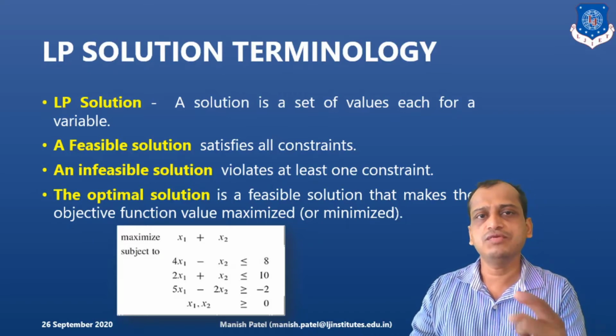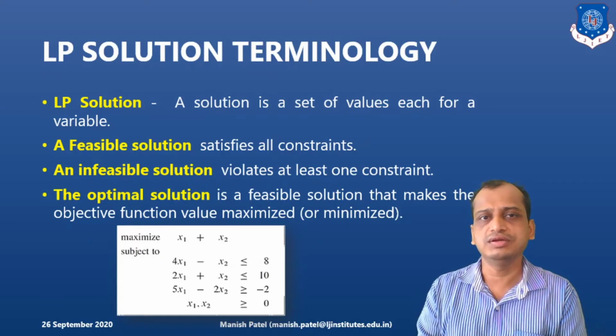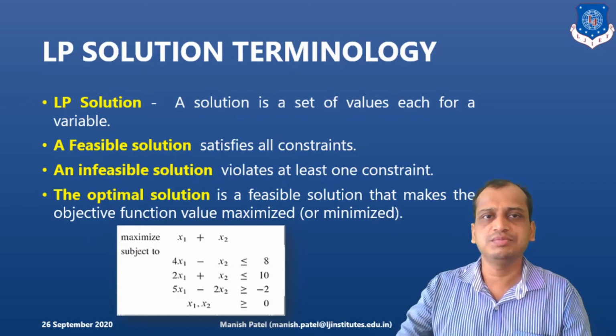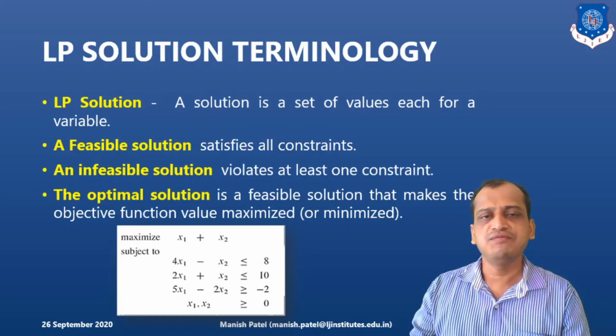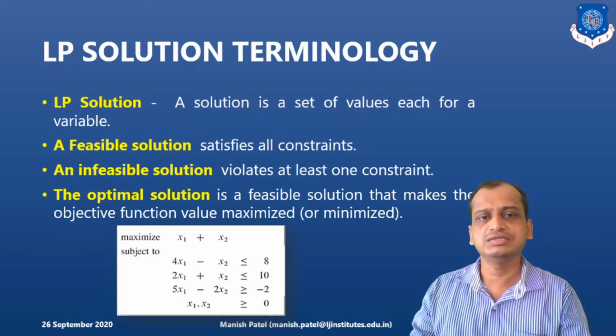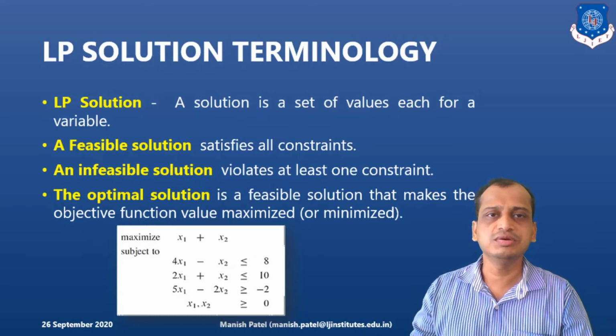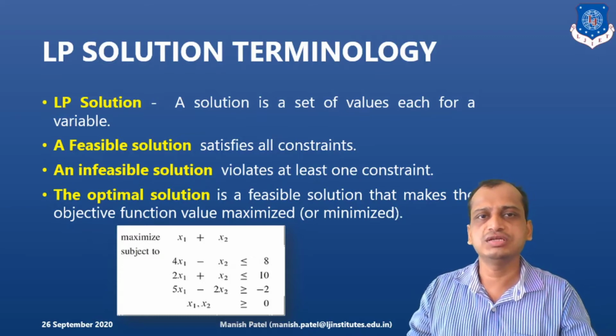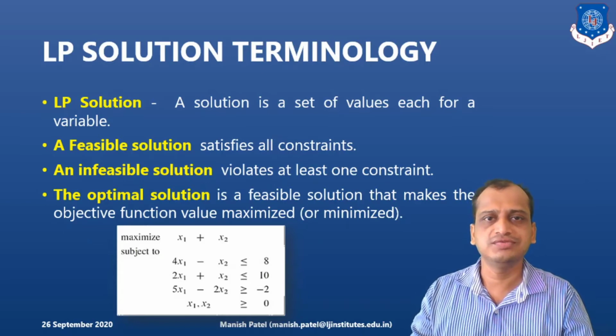Infeasible, then one of the constraints will be violated, right? In the sense, let's say for example 4x plus 3y is greater than or equal to 12. When one of the constraints is violated, if it is not greater than or equal to 12, then you can say that it is an infeasible solution. It means out of 2 or 3 constraints, one of the constraints is not satisfied.